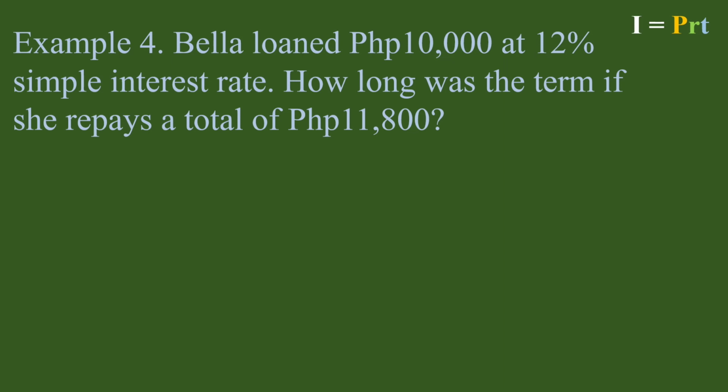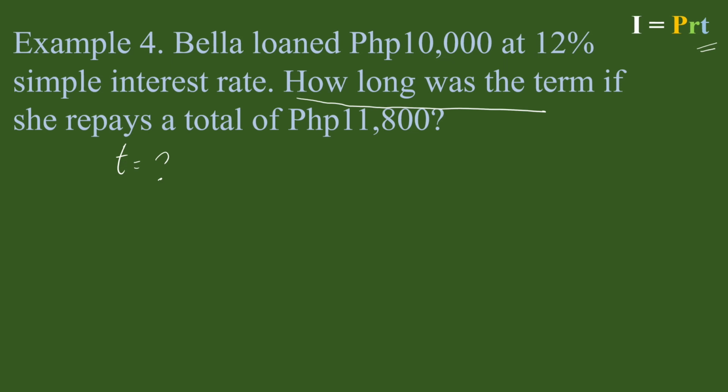Okay, example number 4. Bella loaned 10,000 pesos at 12% simple interest rate. How long was the term if she repays a total of 11,800 pesos? So you are asked here, how long was the term? So when you are asked how long was the term, you are asked of the time. So that is the missing variable in the problem.